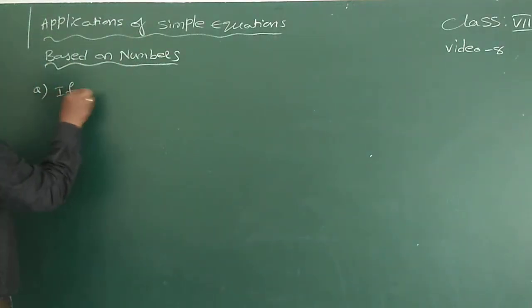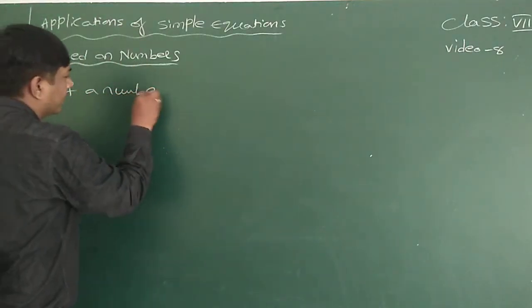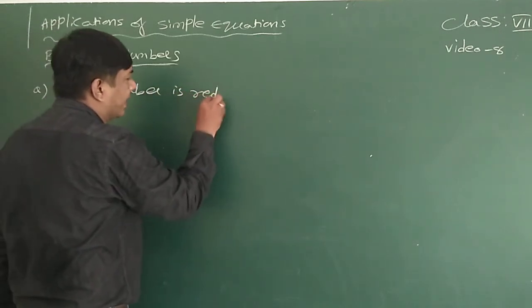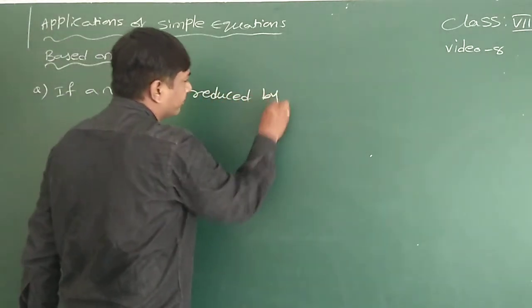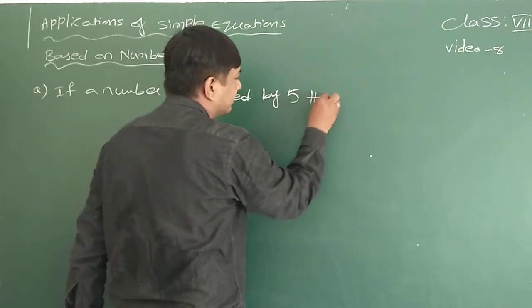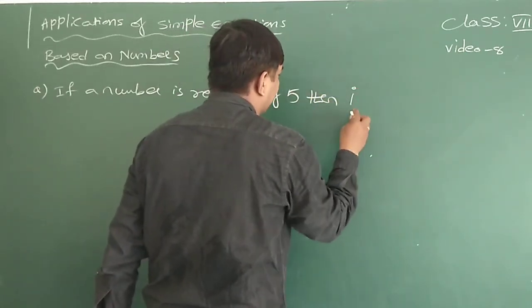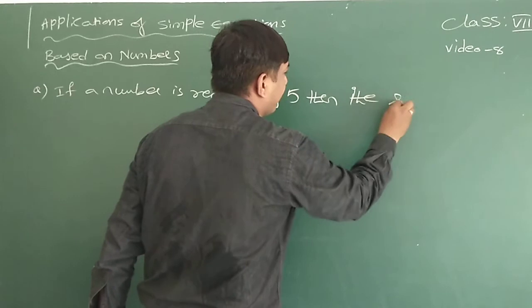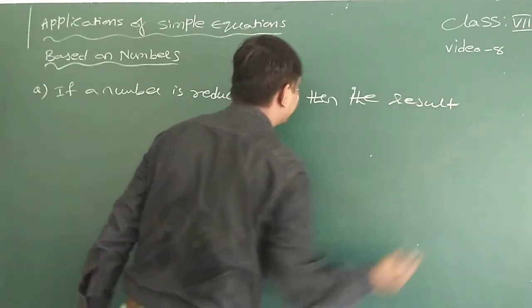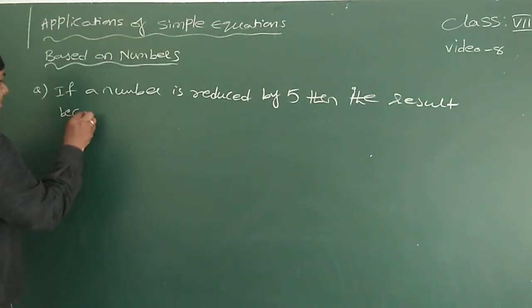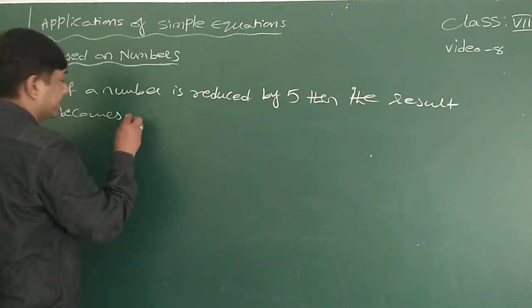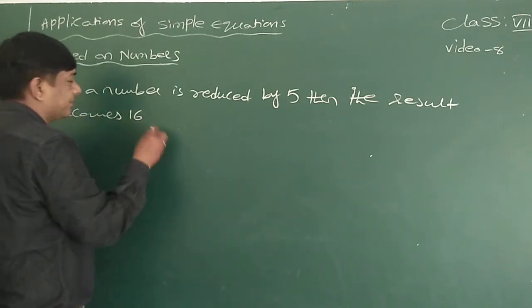So, if a number is reduced by 5, then the result becomes 16.